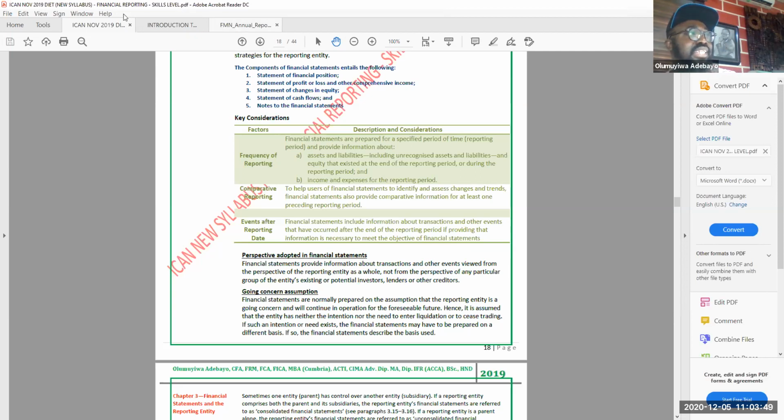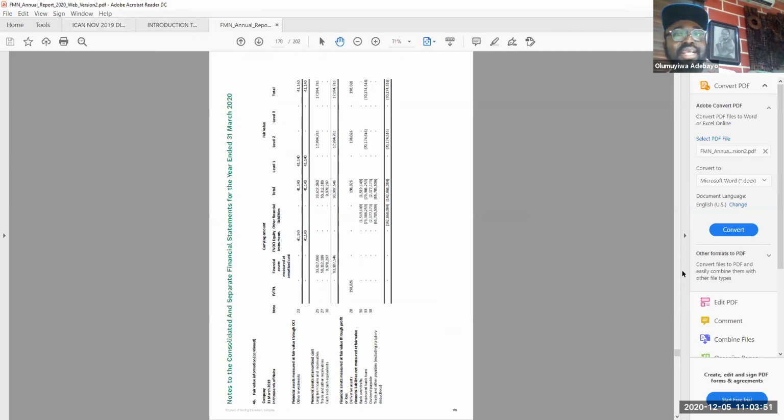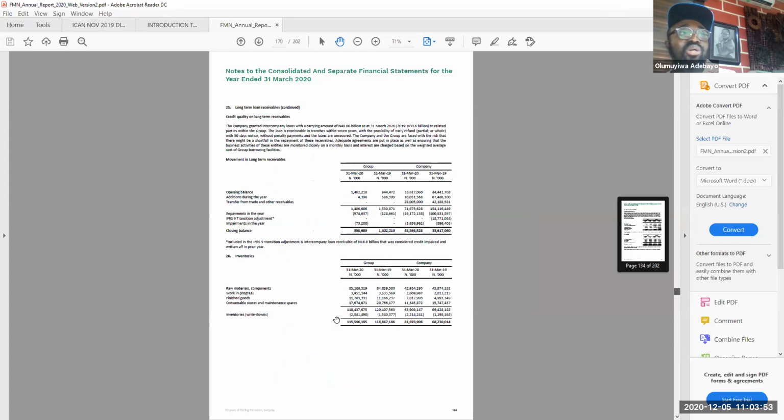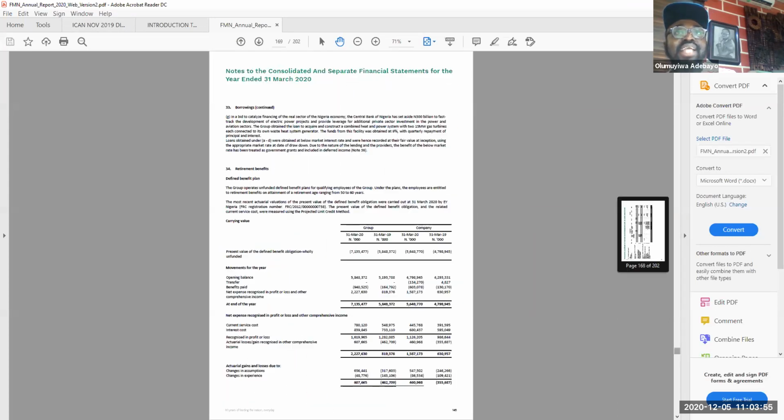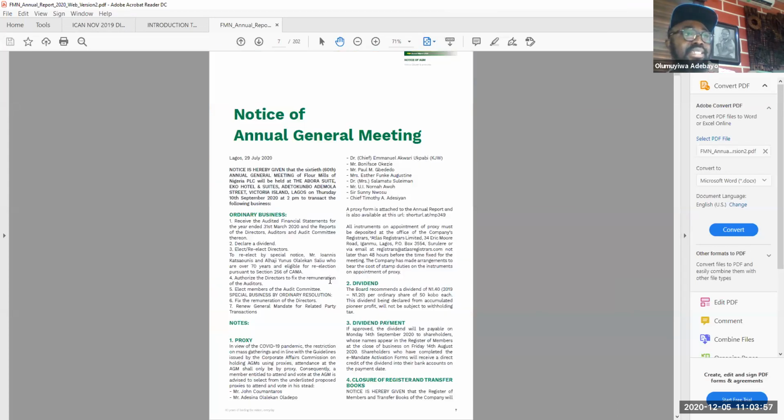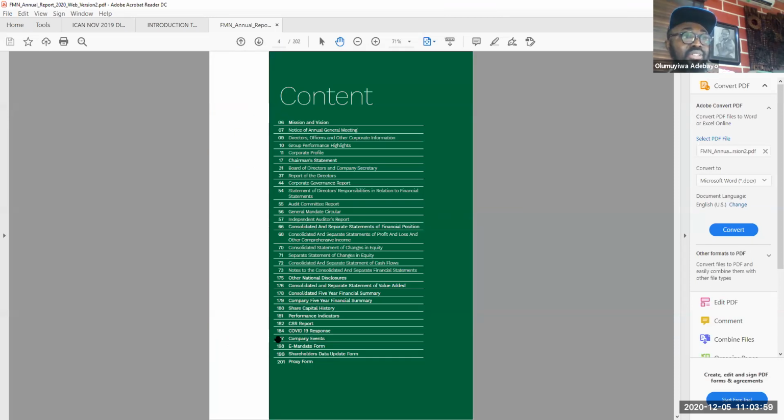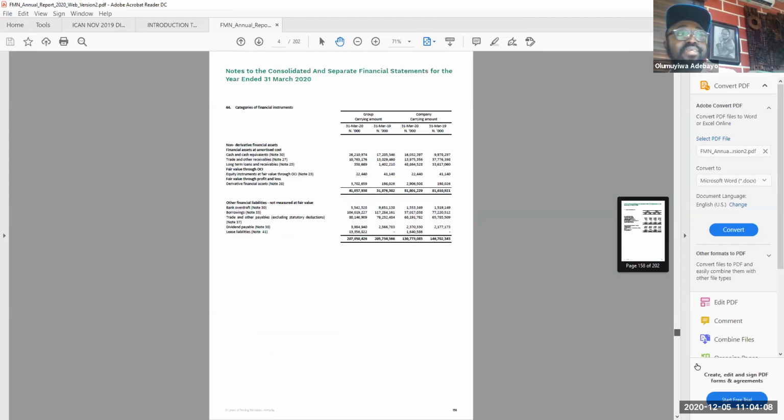And that's why you find that in Flour Mills accounts, there was a disclosure on COVID-19 and its impact in the account. You see it here, COVID-19 response. Let me see what was stated there.